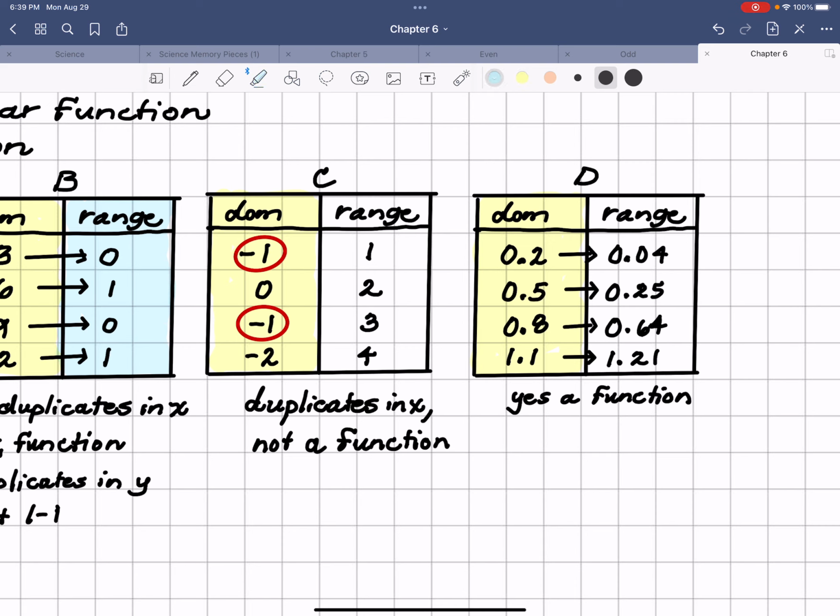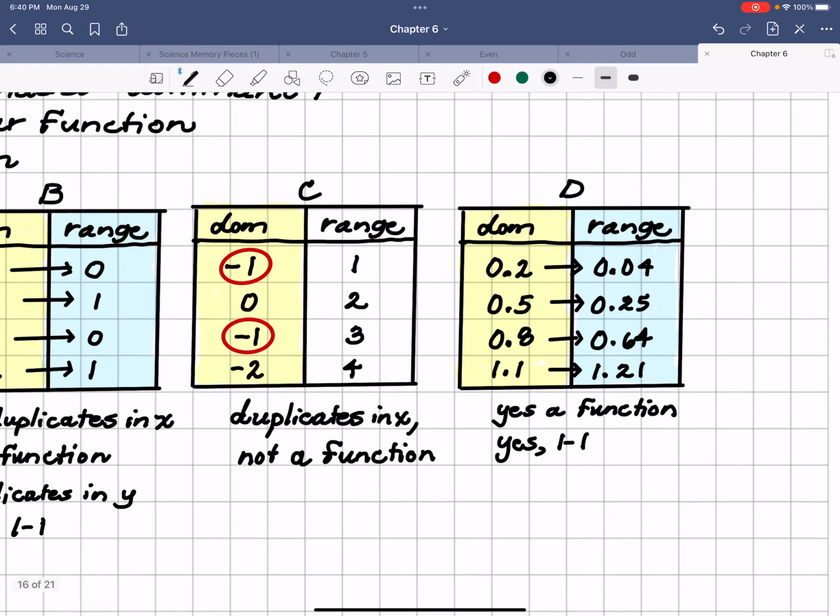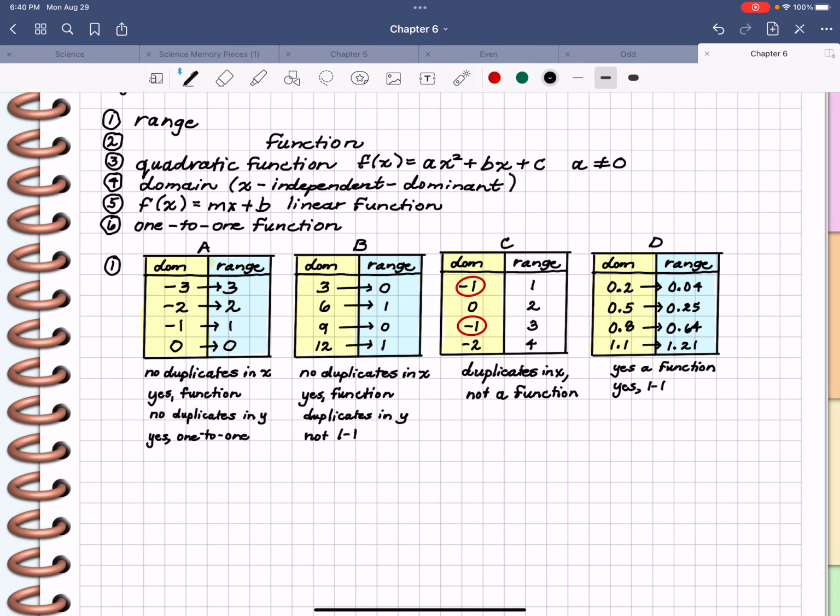There is none. Nothing is in there twice. No duplicates. So what does that mean? It means it is also one-to-one. So the only one in this set that fails the function test is C.